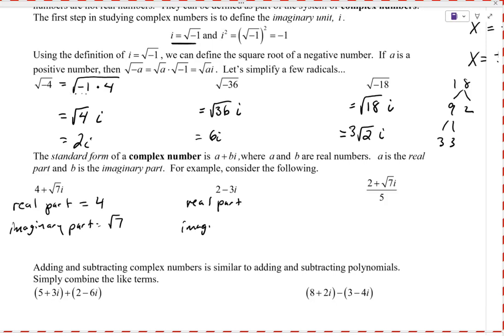What's the real part in the next one? 2, good. How about the imaginary part? Notice that we've got a minus sign in this case, and the standard form is a plus BI. So it's not just a 3, we have to make it negative 3. If there's a minus sign there, it'll be negative 3.